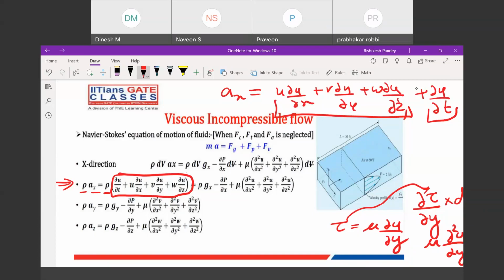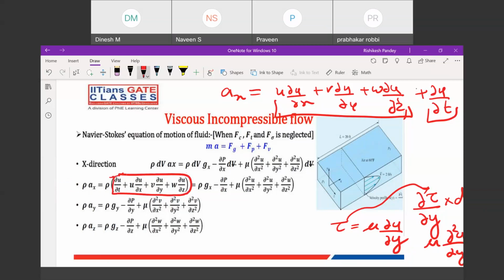In the second chapter only we have seen fluid kinematics. So this is our acceleration only, x direction. So we can see the same thing is written here. So this is density into acceleration.